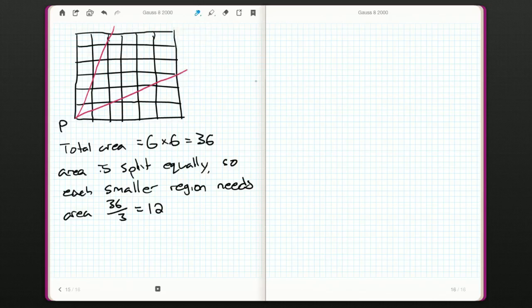Well, one thing I notice is that we have right angles here. So no matter what we do, we're going to get right angle triangles, right angle triangles with a base of 6 on either side.